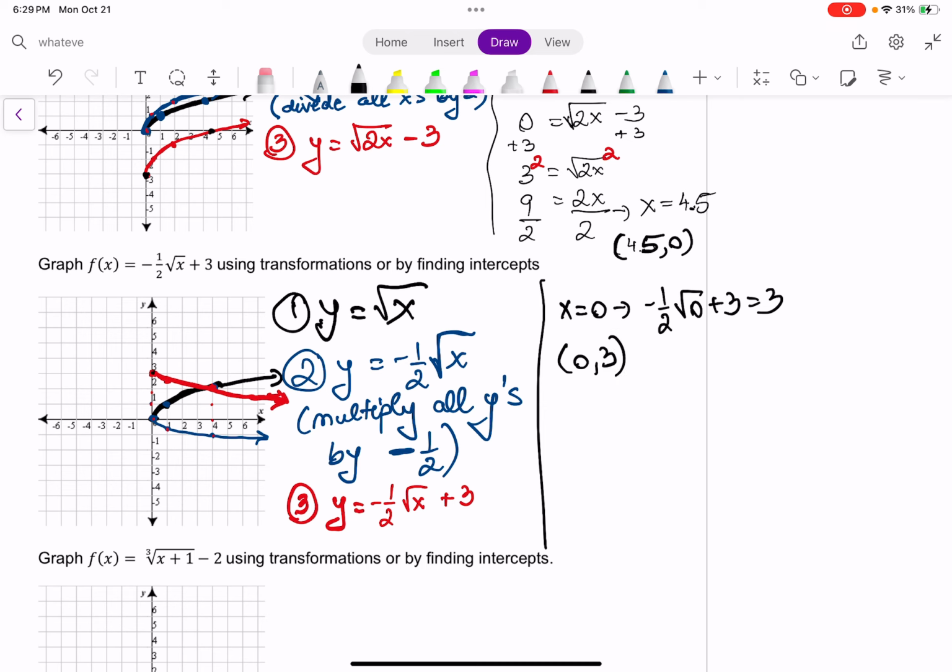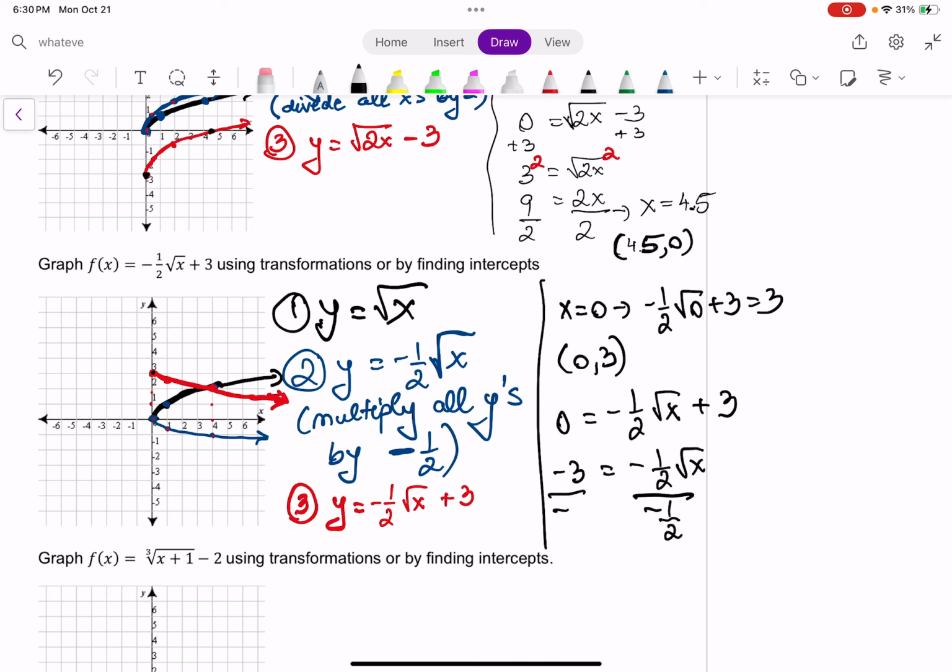This one's pretty neat. If I set the function equal to 0, let's see what we get. Again, it's just reviewing solving radical equations. So I'm going to minus the 3 over. Divide by negative 1/2.